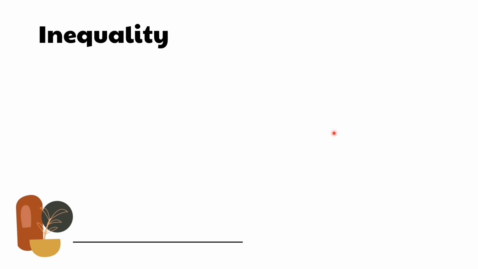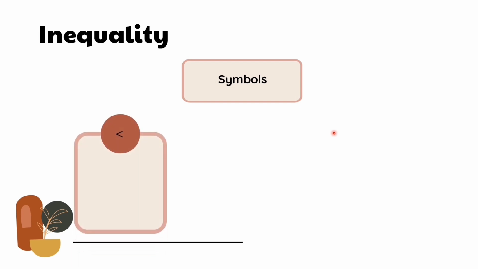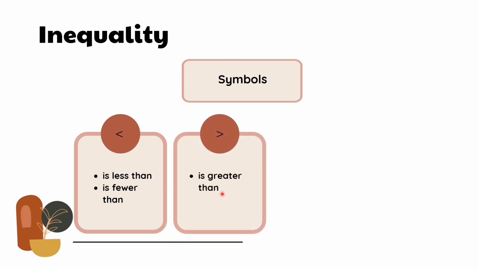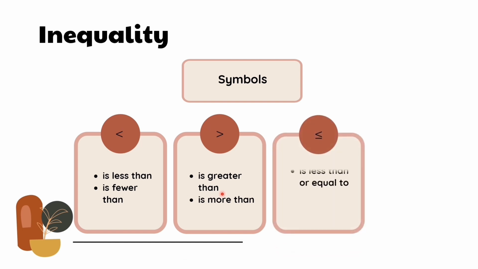Here are the different symbols of inequality which can be read in different ways. First, this symbol can be read as is less than and is fewer than. The second symbol can be read as is greater than and is more than. The next symbol can be read in three ways: is less than or equal to, is at most, is no more than.